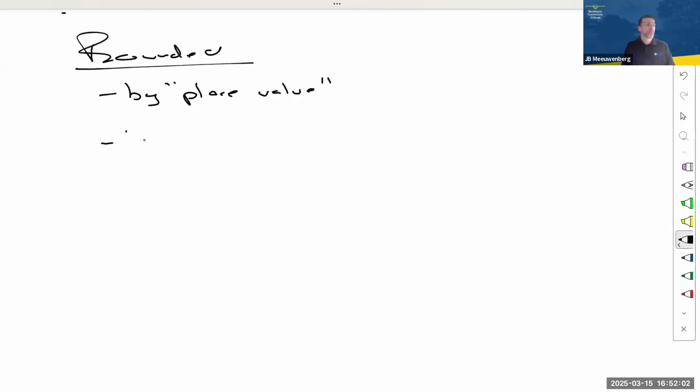Or we can say by number of decimal places. These are the two most common ways to state a rounding situation. Round to 1 decimal place, round to 2 decimal places, round to 3 decimal places. You can phrase it a couple different ways, but I also want to look at what it actually means.